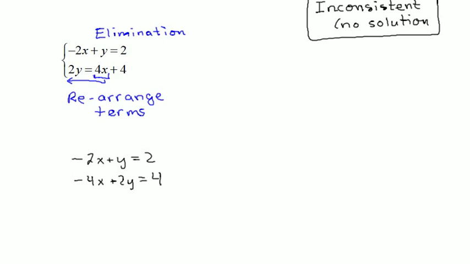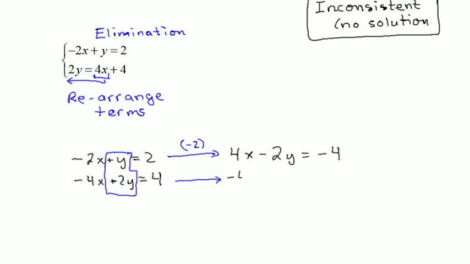I can now choose a variable to target, and if I choose the y variable, for example, then I can make the y variable drop out by multiplying that top equation by negative 2, so that I get positive 4x minus 2y equals negative 4, and the second equation stays the same at negative 4x plus 2y equals 4.